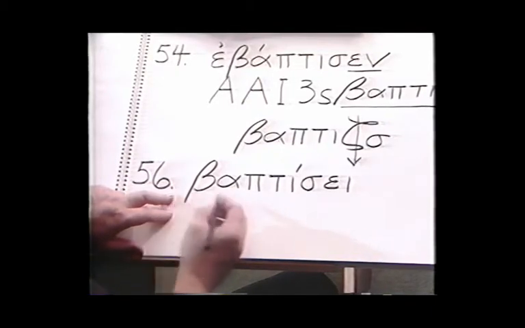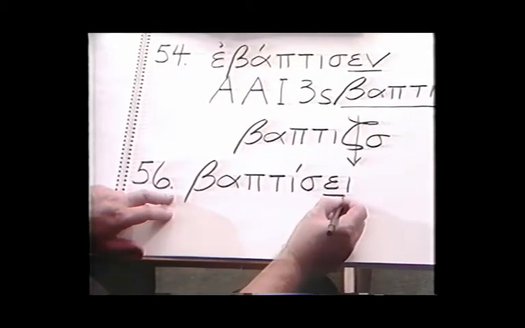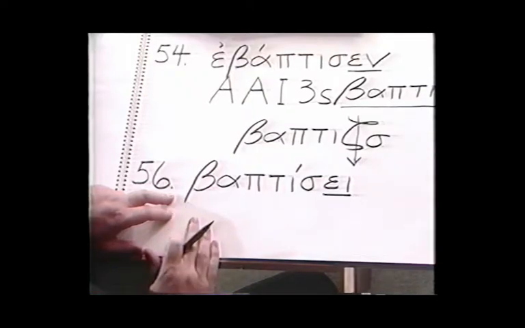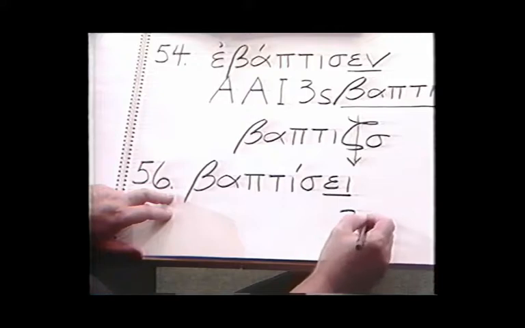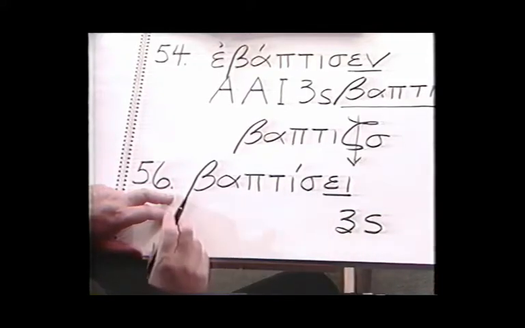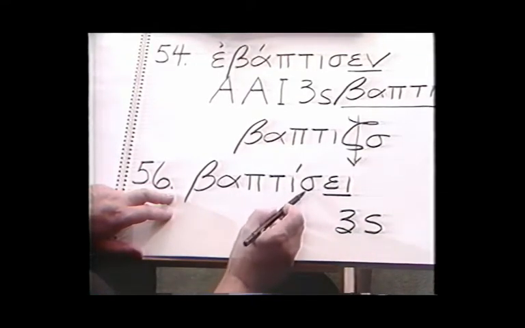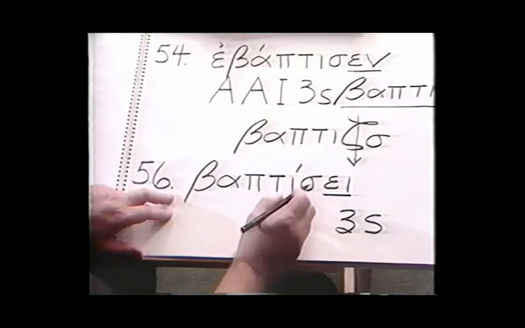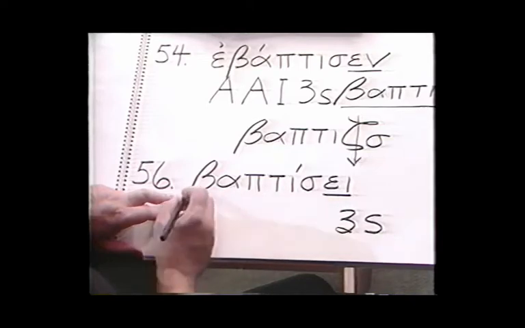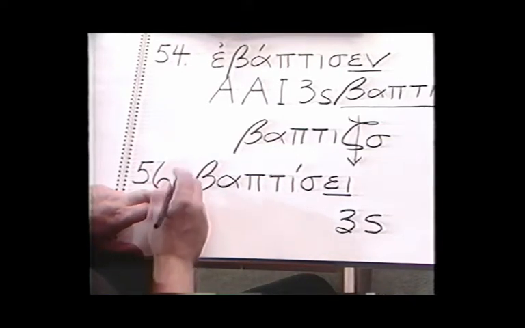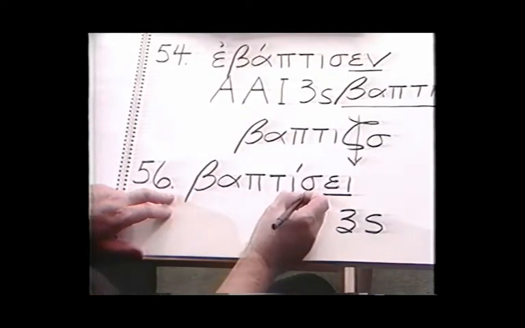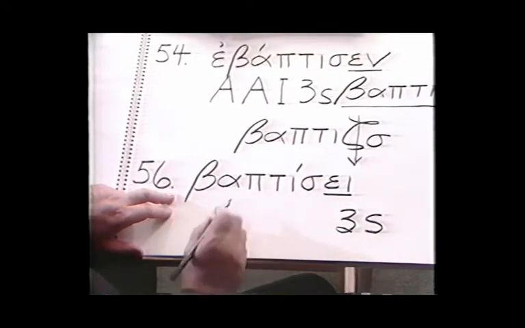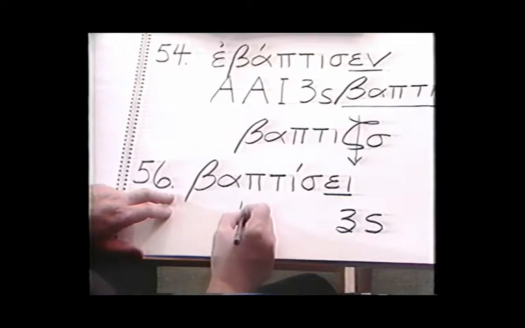Let's go to the back part of the verb and identify this ending, epsilon iota. Well, that's a third person singular ending. We see in front of it a tense indicator of sigma. We know that there's no reduplication out front. A sigma tense indicator, it's not past time, that must be future.